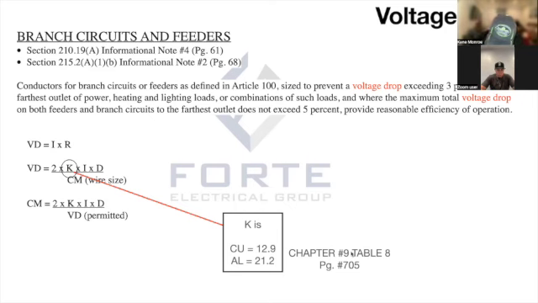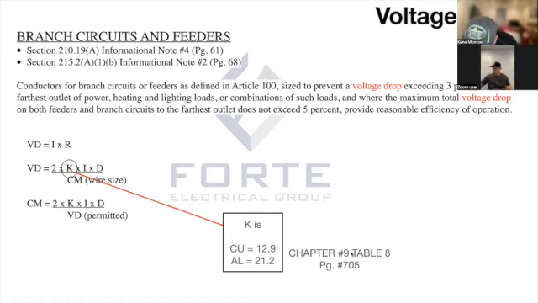All right, so on the left-hand side of table 8, go to 1,000 kcmil, and from 1,000 you're going to go all the way over.